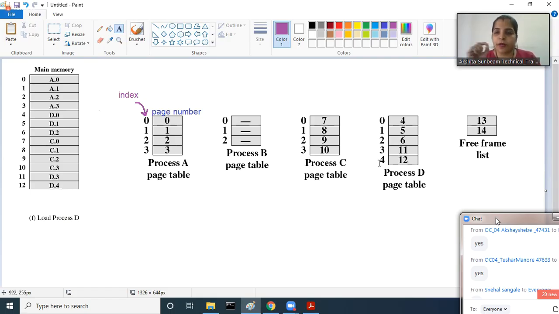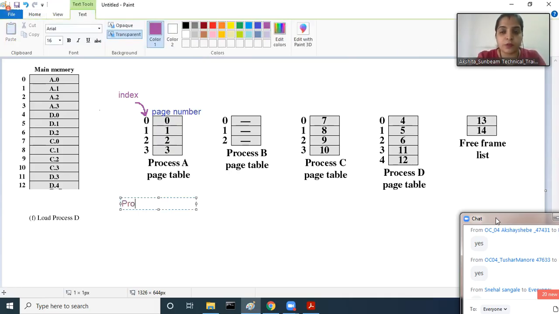So, the operating system maintains a page table for every process which is available in the main memory. And from that, your operating system will come to know, yes, this process is using this memory. Now, if I talk specifically about, let us say, process A. Okay, I'll talk about process D, it will be easy for you to understand.